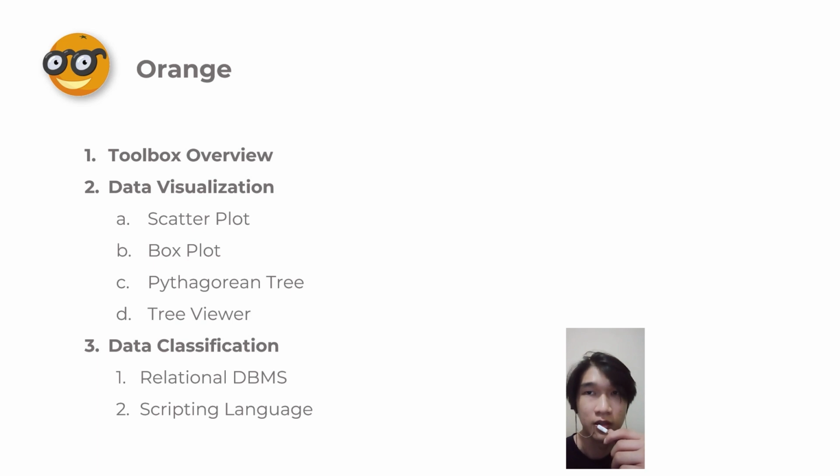I'll explain it. Okay, the first one is the scatter plot. It is a data visualization tool that provides a two-dimensional view with elements such as color, point size and shape, axis titles, and maximum point size.